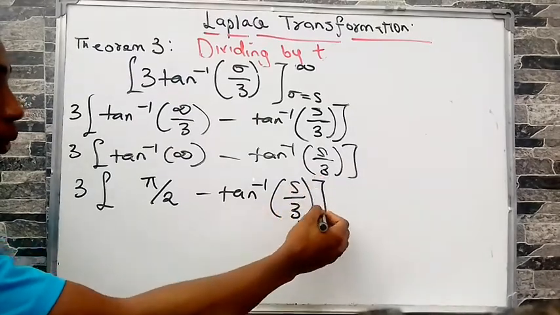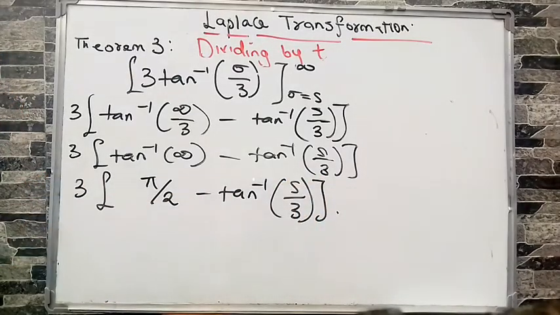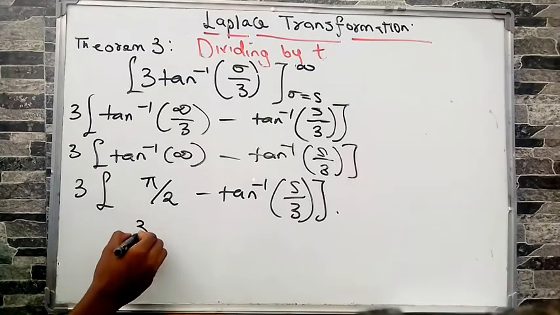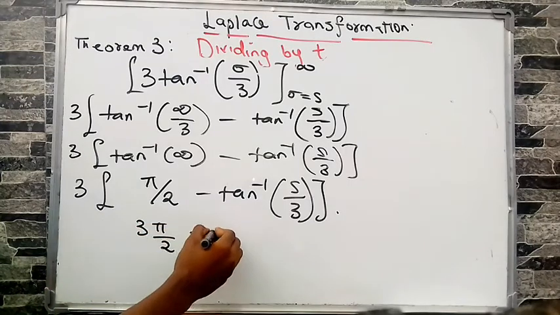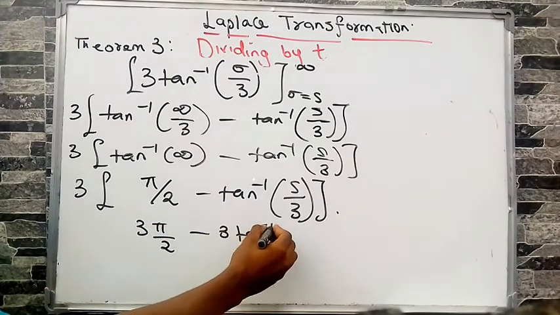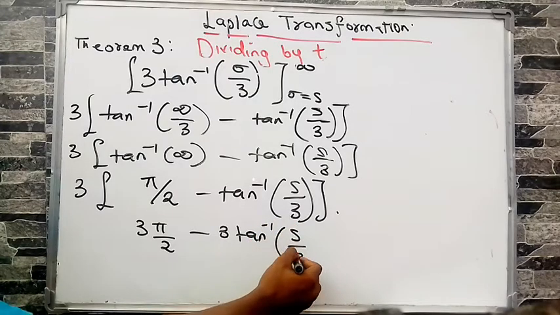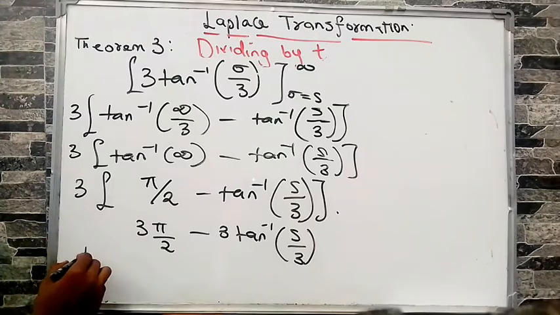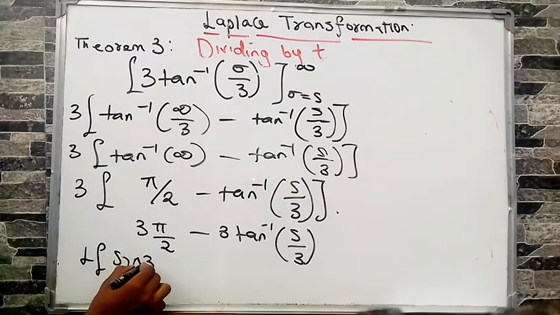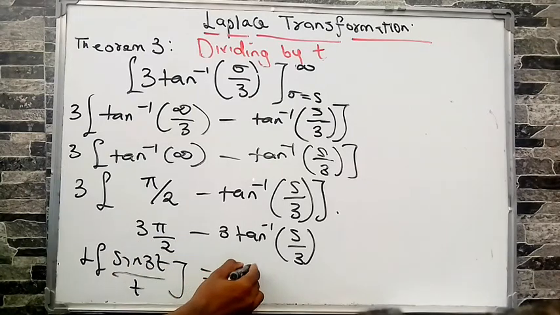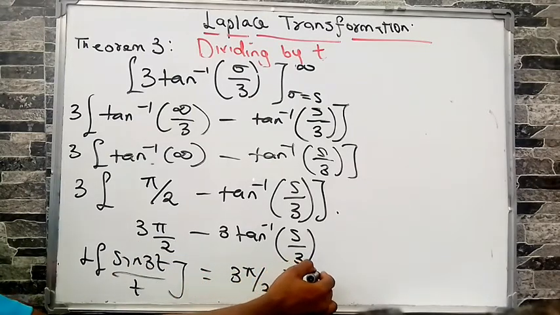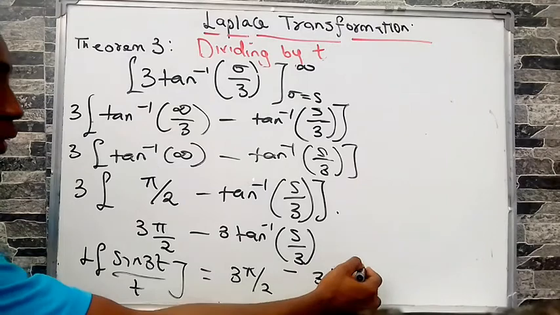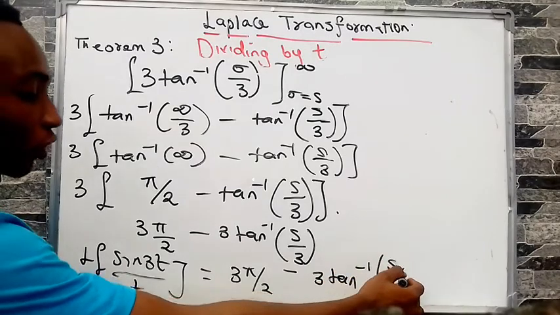Multiplying through by my 3, we'll be having 3 pi over 2 minus 3 tan inverse of s over 3. So this is my final answer: the Laplace of sine 3t divided by t is equal to 3 pi over 2 minus 3 tan inverse of s over 3.